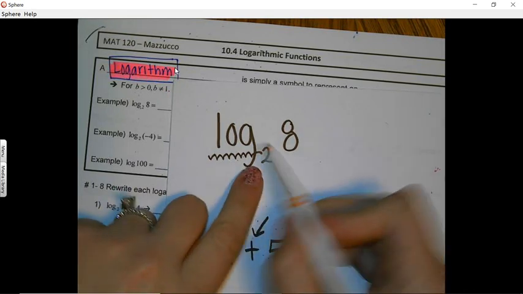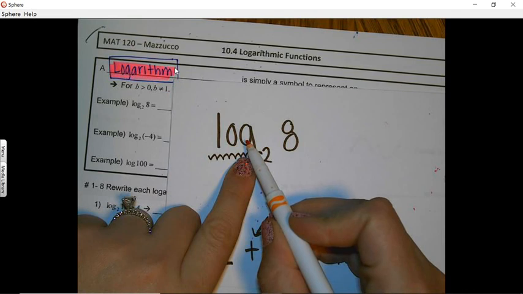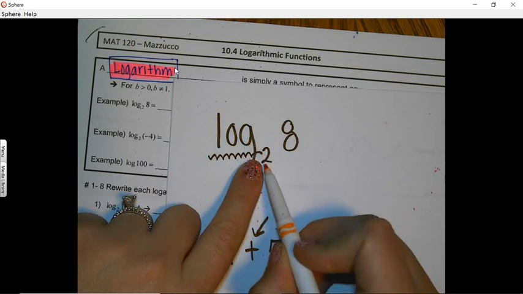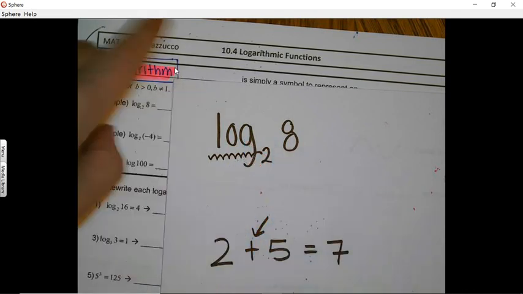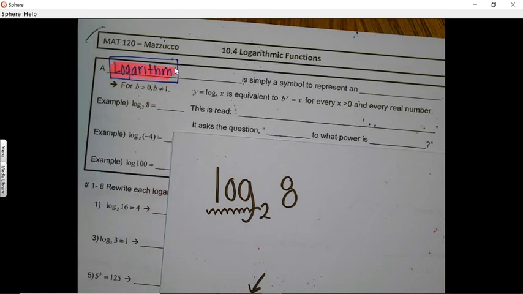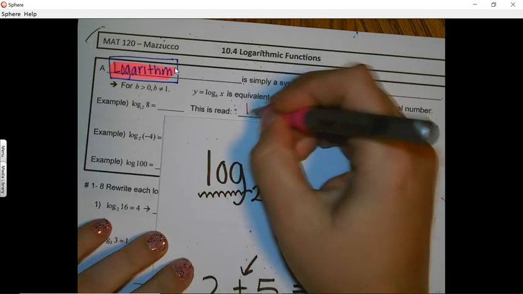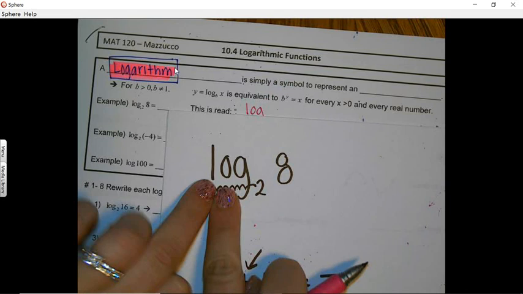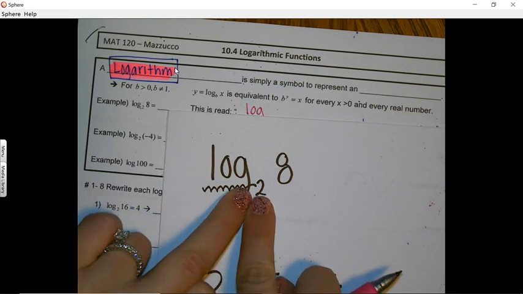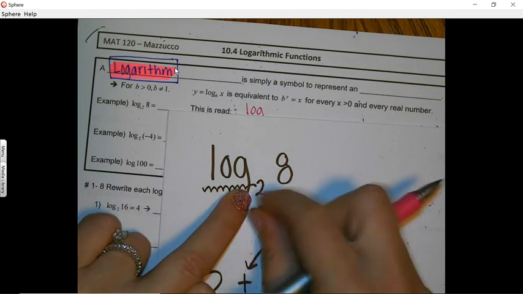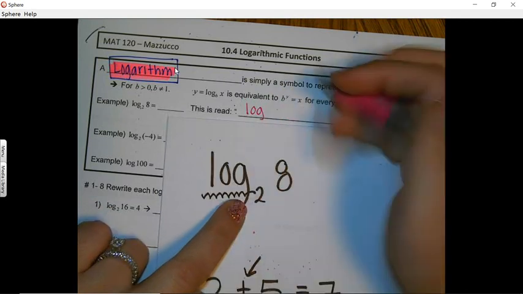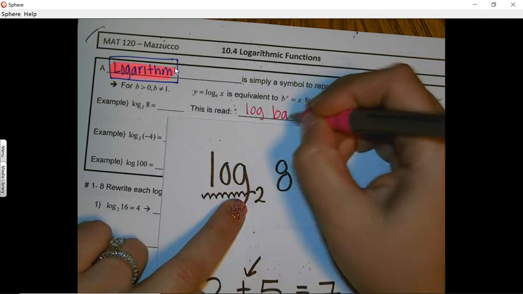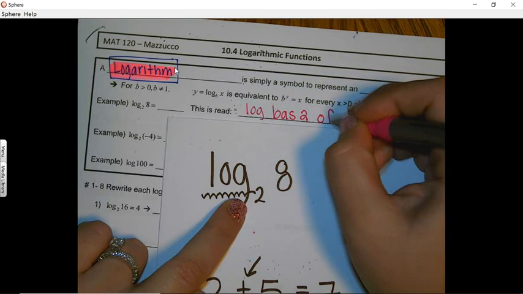Now, this is read log base 2 of 8. So let's write that in our notes. It is read log, and then whatever the number is that's here is written below, like a subscript. So log base 2 of 8.